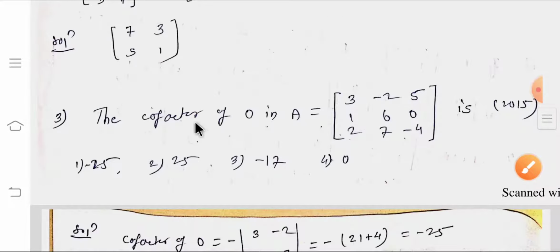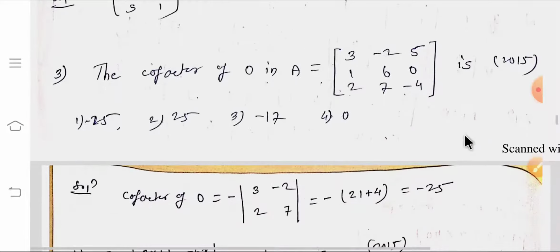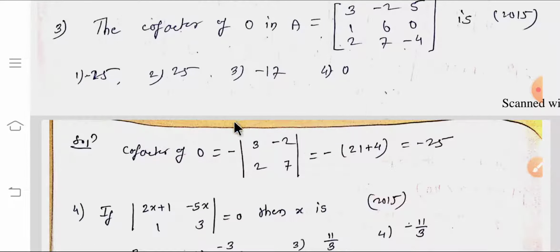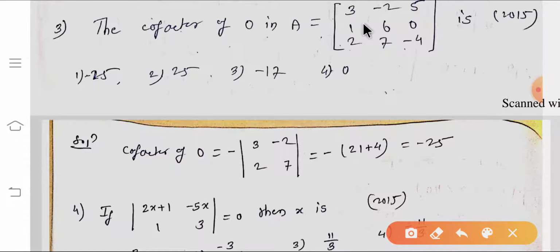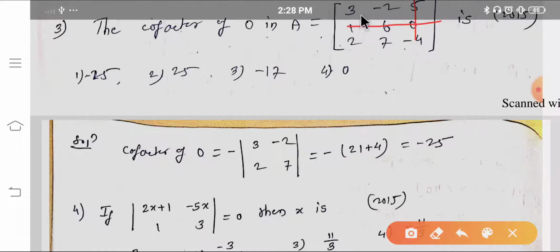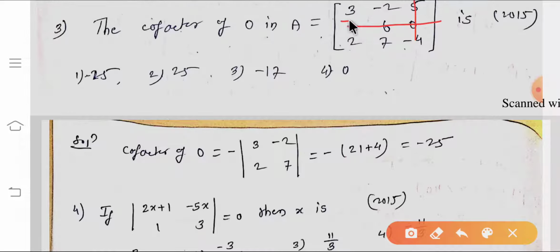Next example: the cofactor of 0 in matrix A equals [3, -2, 5; 1, 6, 0; 2, 7, -5]. Cofactor means the minor with the proper sign. To find the cofactor of 0, we neglect its row and column, and the sign here is negative.